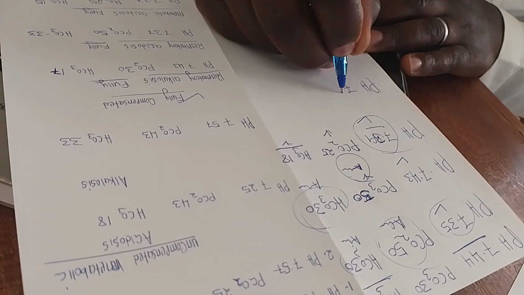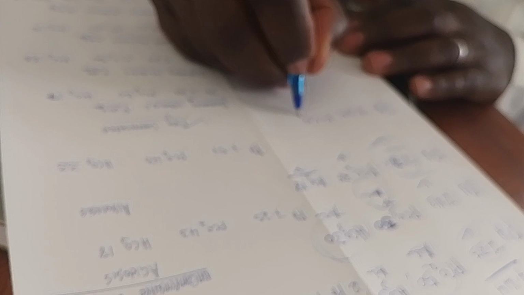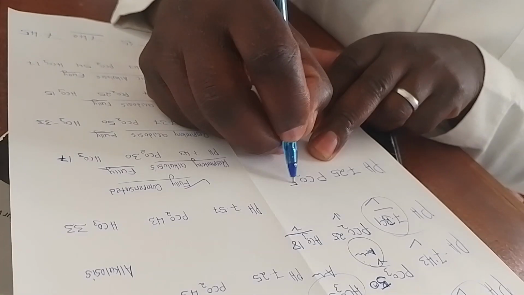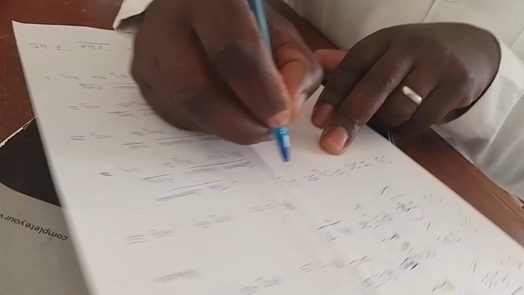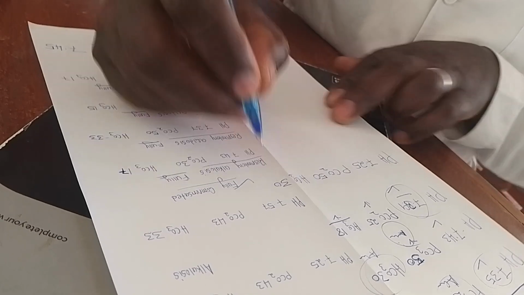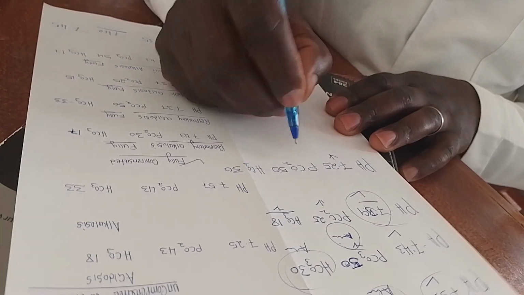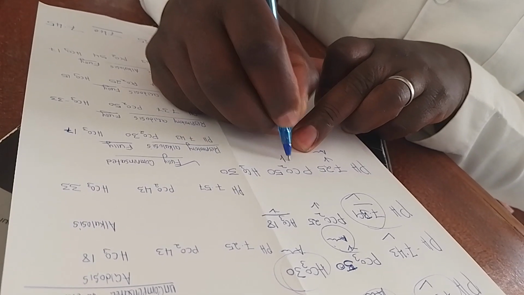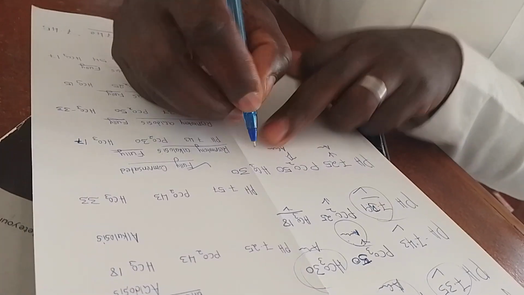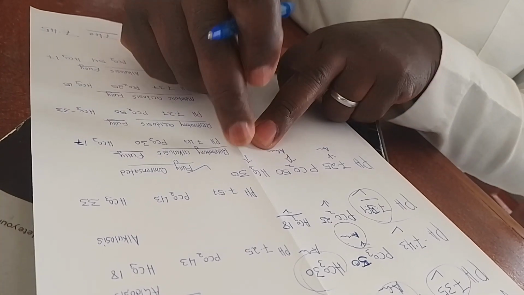Let's say pH is 7.25, and then PCO2 is 50, and then bicarbonate is, let's say, 30. Because pH is low, which is giving us acidosis, and PCO2 is high, which is also giving us acidosis, bicarbonate is high, which is trying to give us alkalosis.